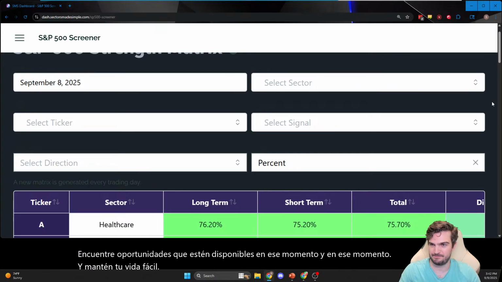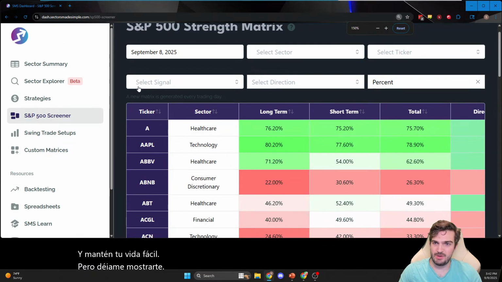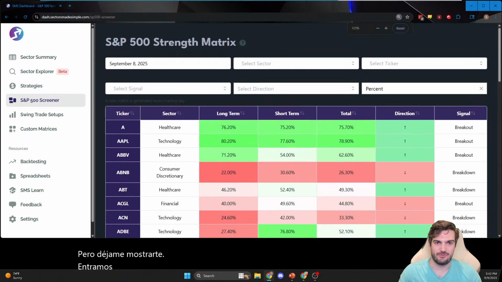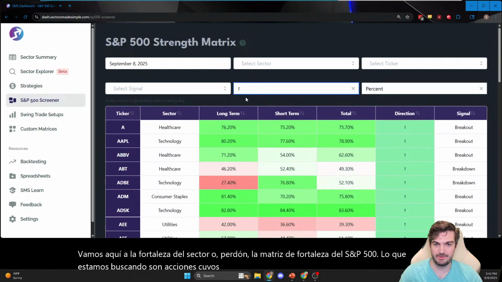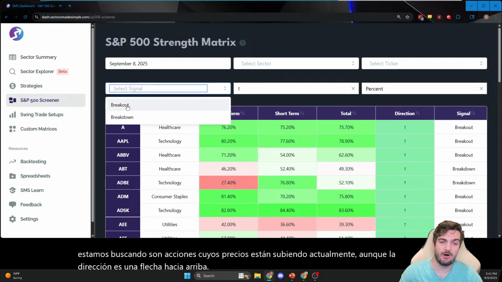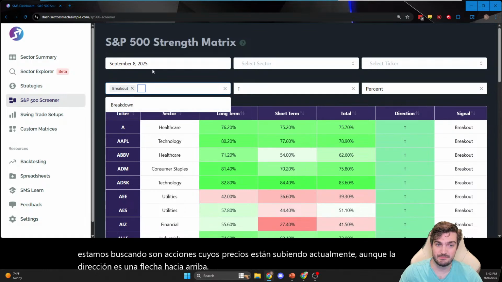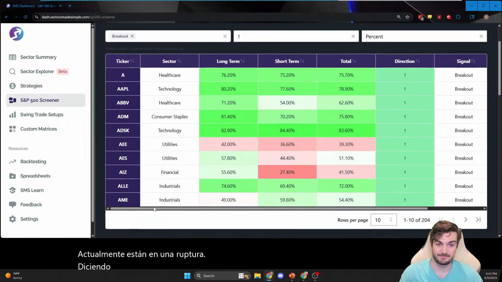So let me show you. If we go in here to the S&P 500 strength matrix, what we're looking for is stocks whose prices are currently going up, so the direction is an up arrow, are currently on a breakout, saying that they're on a buy signal.